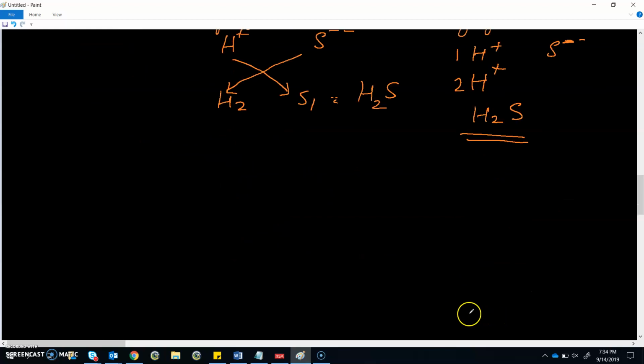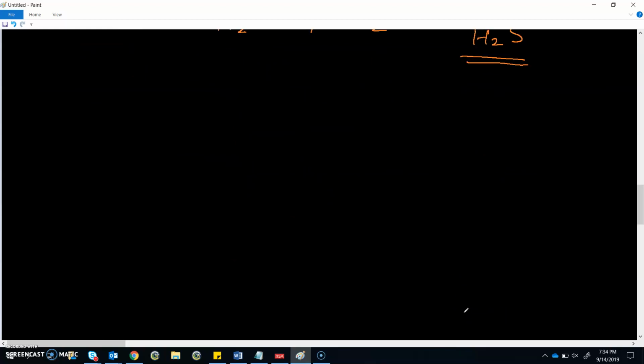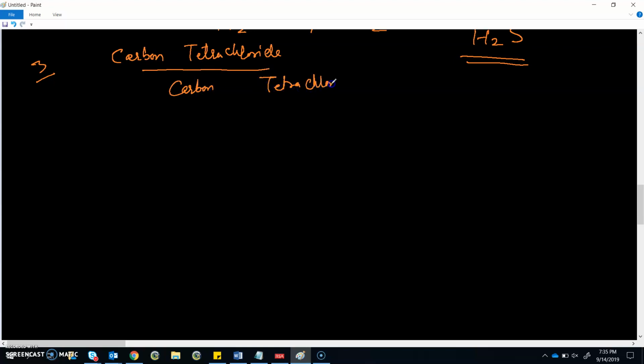Next example is carbon tetrachloride. You can take carbon tetrachloride. There is no special symbol for tetrachloride.